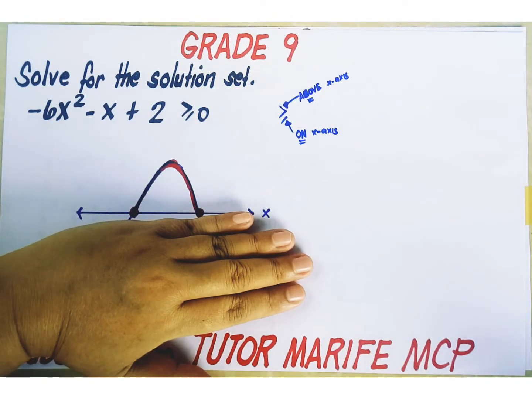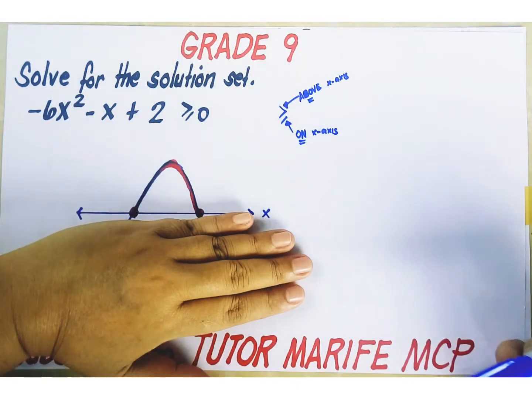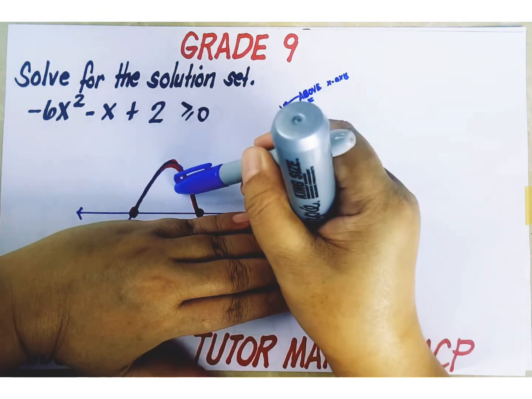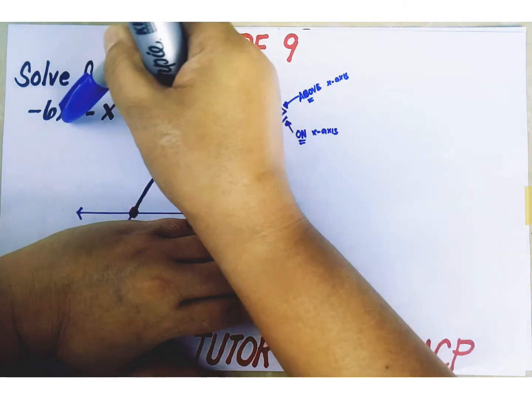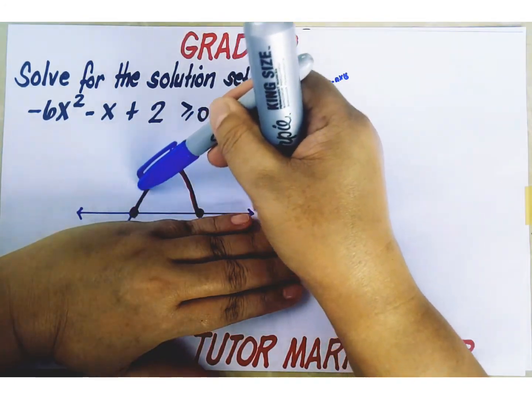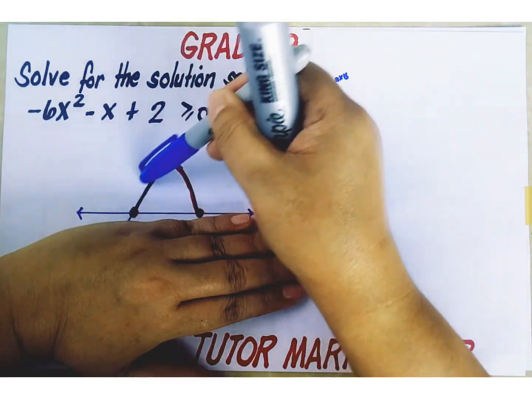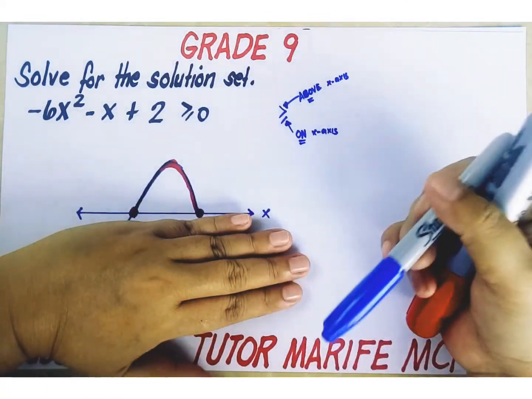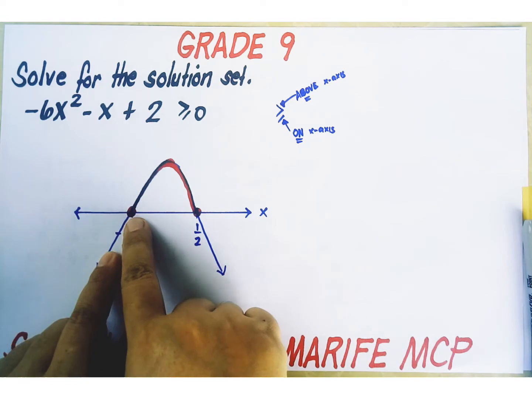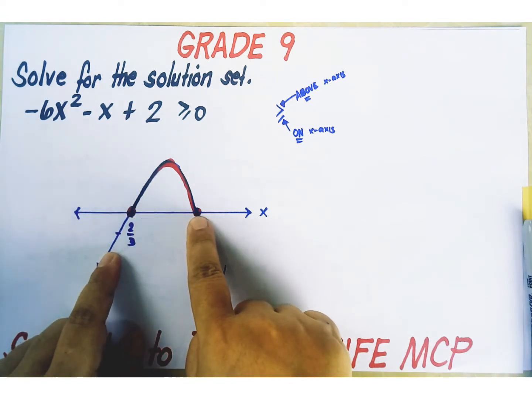And when you are asked to give the solution set for this quadratic inequality, referring to its graph, it's actually asking you to give all the x values that will give you these points. And what are those x values? It's from here up to here.